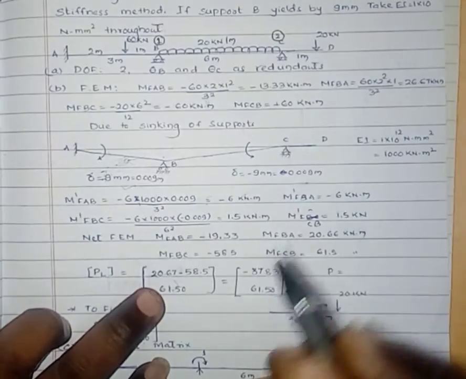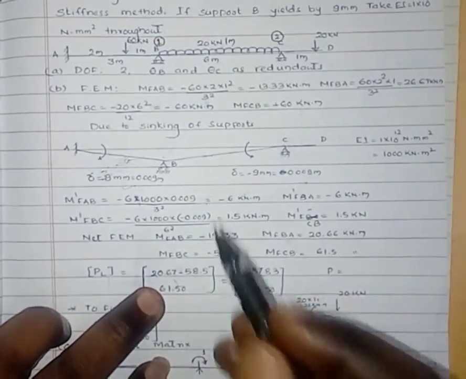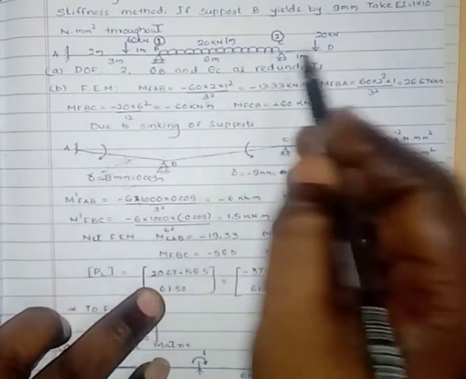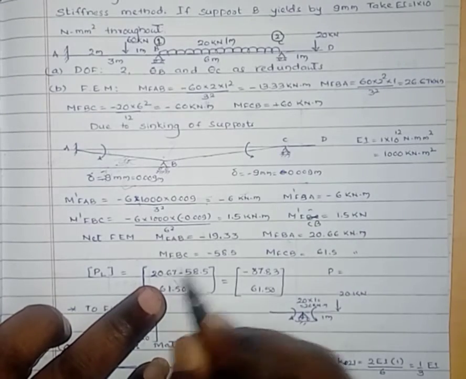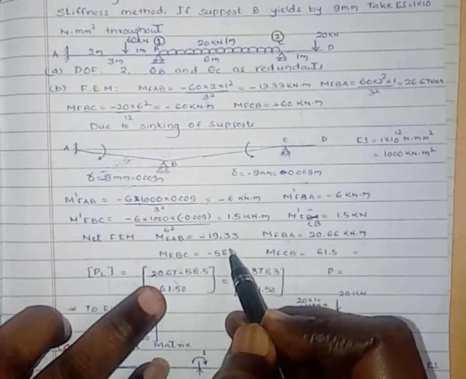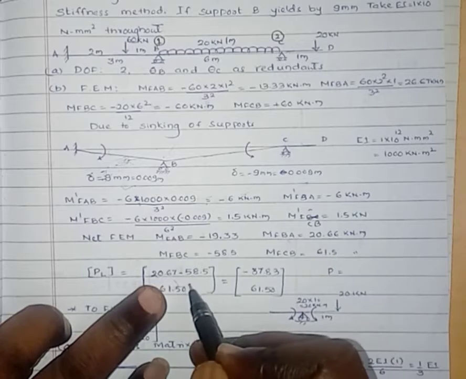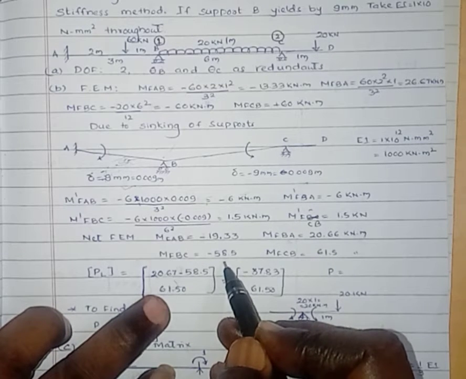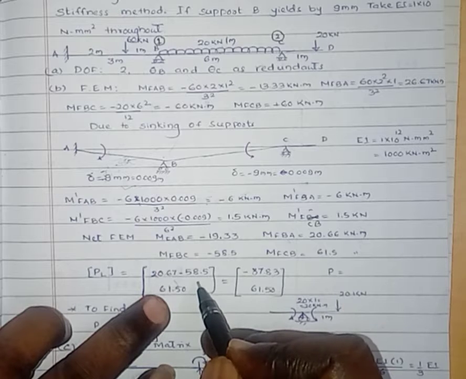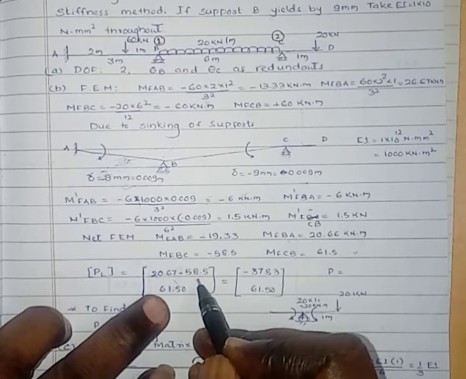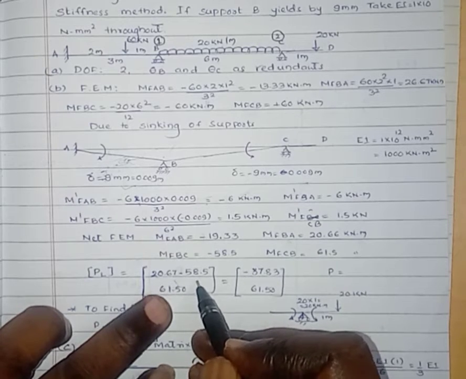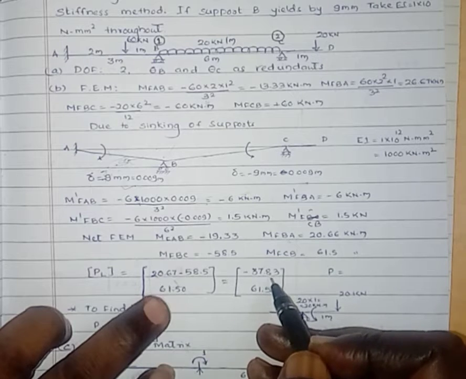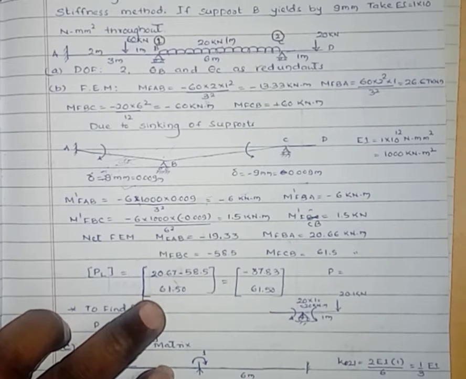Hence we have to add both the moments MFBA and MFBC. MFBA is the net value 20.67, and the net fixed end moment in span BC is minus 58.5. That is P1L equals 20.67 minus 58.5, that is minus 37.83.